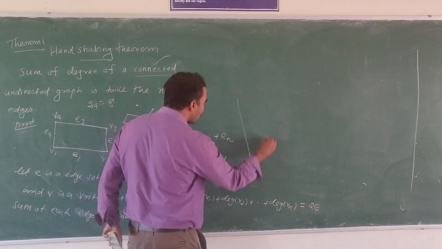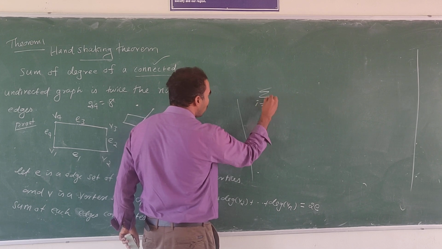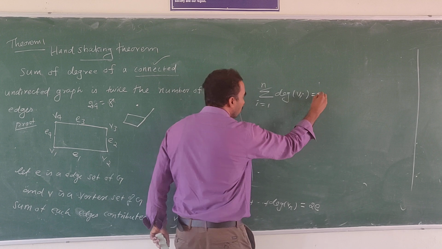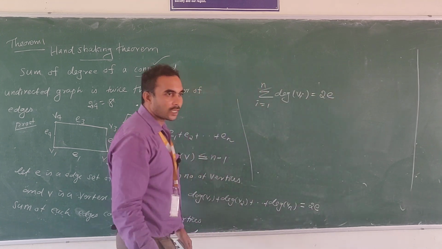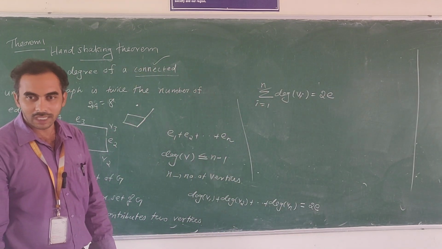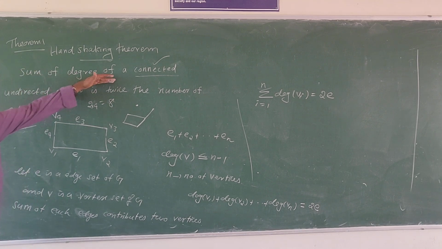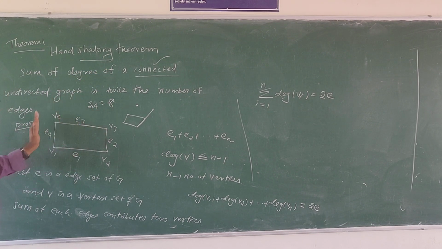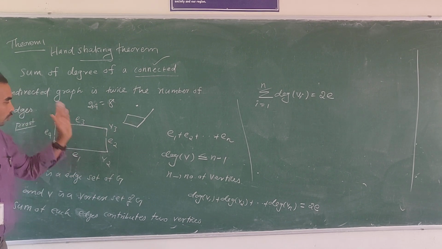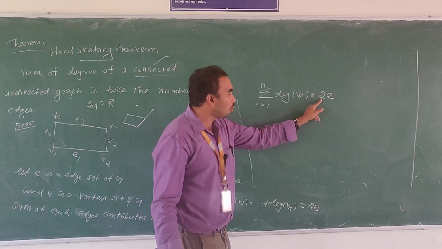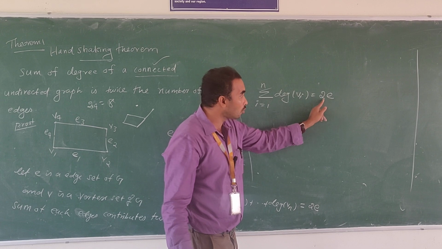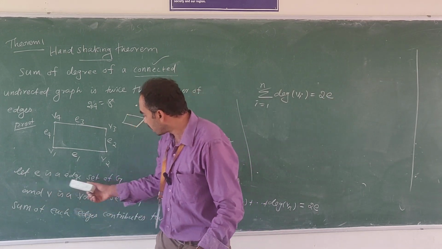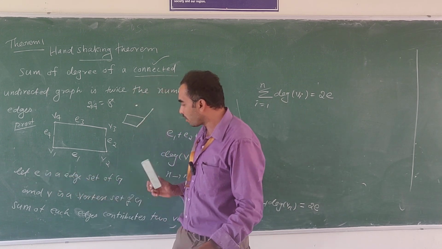So generally we write the sum from i equal to 1 to n of degree of Vi equal to 2 times the number of edges. In a connected graph, the sum of degrees should be equal to 2 times E. E represents the number of edges.